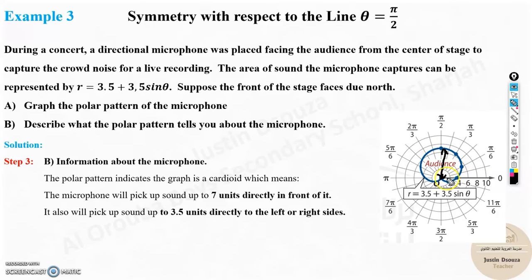But on the right and the left side, it's only 3.5 and 3.5, whereas in the vertical, it is up to 7. So it can record 7 units directly up front, and it can also record 3.5 units to the left side or to the right side. That is the capacity of this microphone. That is what it tells us about the microphone.